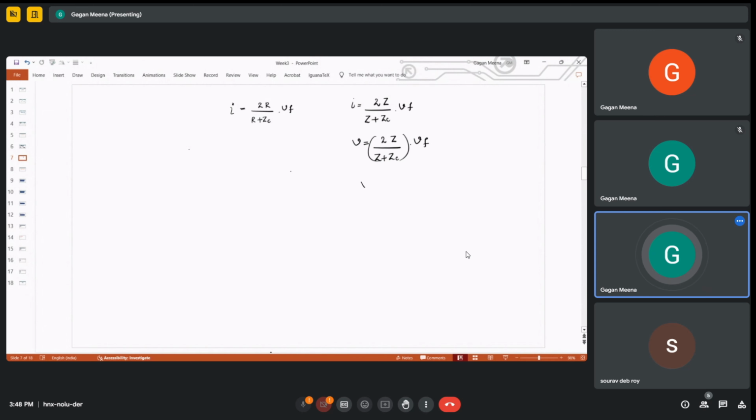So now V is equal to tau VF, where tau is called the refraction coefficient or transmission factor.